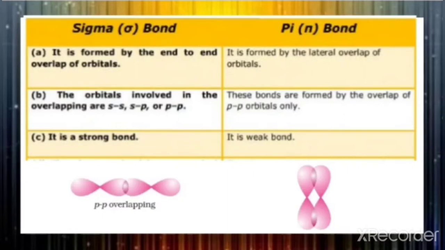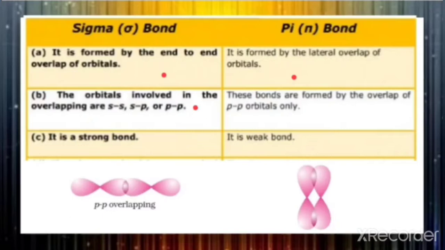It is important to differentiate between the sigma bond and pi bond. The sigma bond is formed due to the end-to-end or head-to-head overlapping of orbitals, and the pi bond is formed due to the sidewise or lateral overlapping of orbitals.